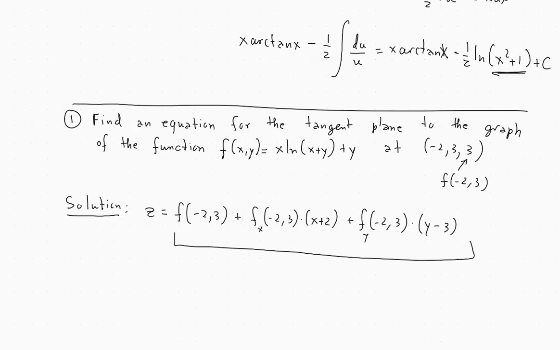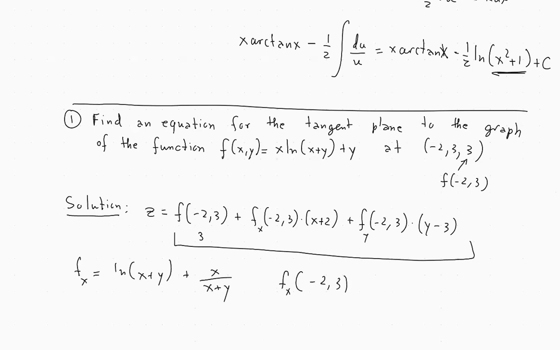Actually, we know this number. This number is 3, as we said. What is f sub x? F sub x will be ln of x plus y plus x over x plus y. And if you plug in -2, 3, you will find simply -2.